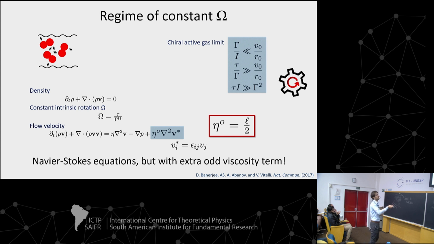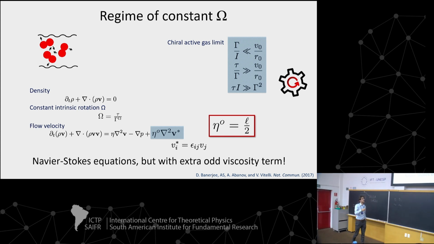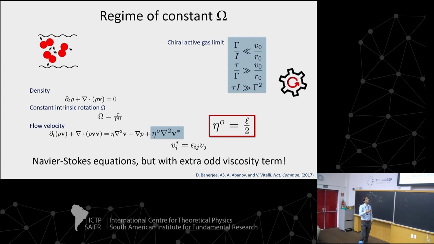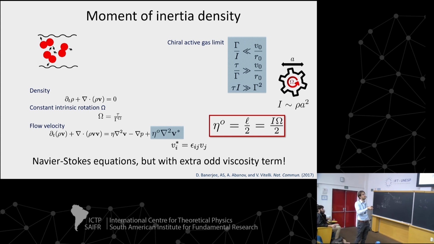So the other thing that this argument gives you is the fact that the odd viscosity will be proportional to the intrinsic rotation rate, or maybe a more precise way of saying it is that it's proportional to the density of the angular momentum.